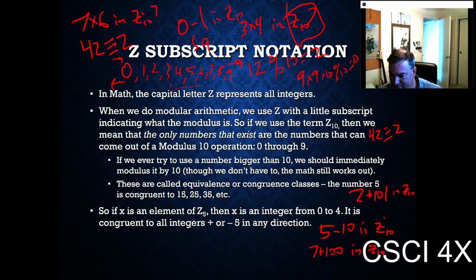If you want to think about it this way, you can just take 101 and modulus that by 10. 101 is congruent to 1. And so whenever you're working with modular arithmetic, you can always just switch out any number for any other number it's congruent with, because they're the same number. So 101 is the same thing as 1. And so you can just rewrite this whole thing to just be 2 plus 1.